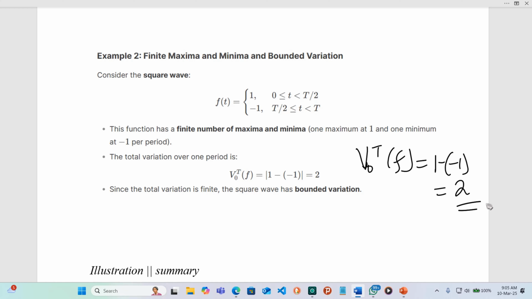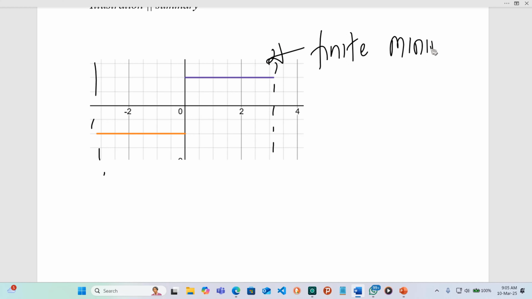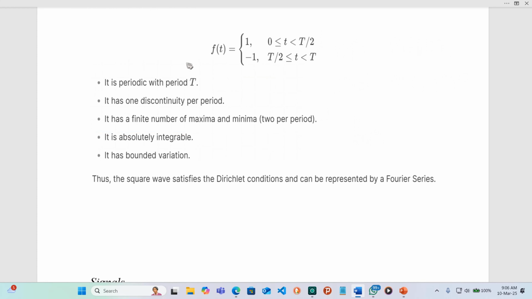And you have only two variations over one period. So this has a bounded variation. So in summary, it has finite minima and maxima, plus it has bounded variation. It is periodic with one period T.